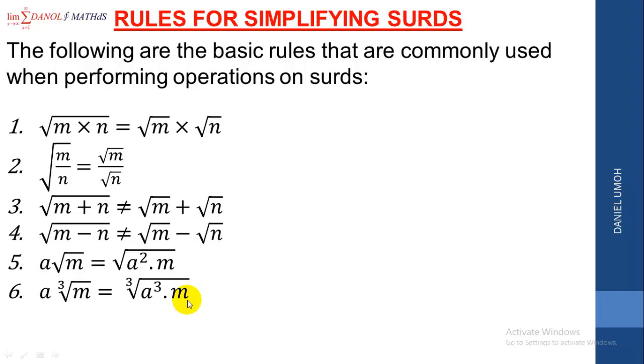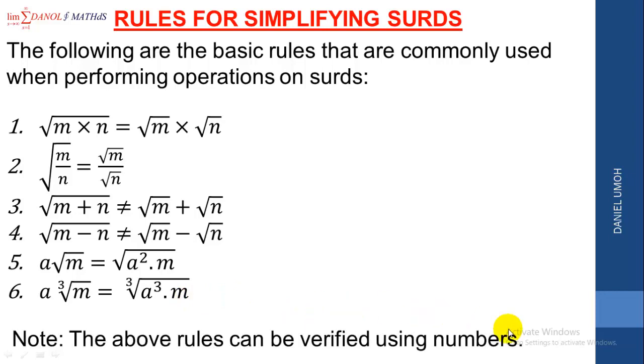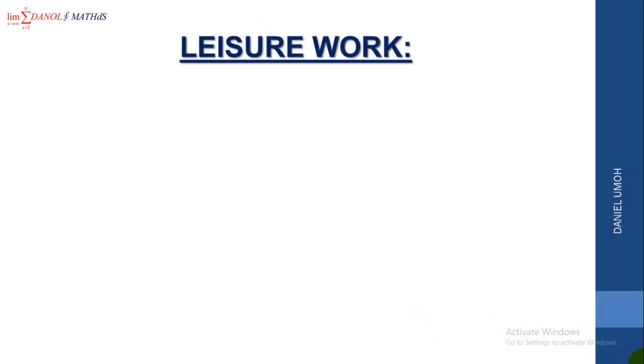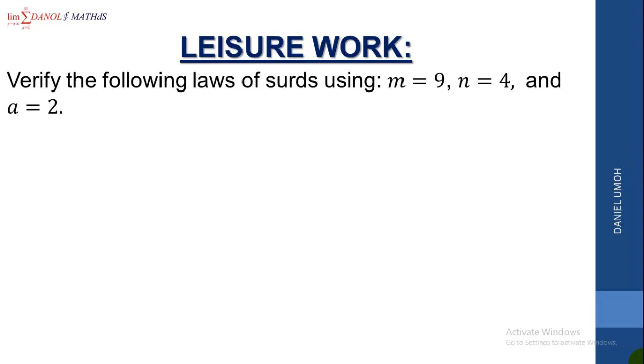I said note that the above rules can be verified using numbers, and I think that's what I'm going to give you as leisure work. Okay, we have come to the end of this introductory section to the concept of surds. Now, I want you to verify the following laws of surds using the values m equals 9, n equals 4, and a equals 2.